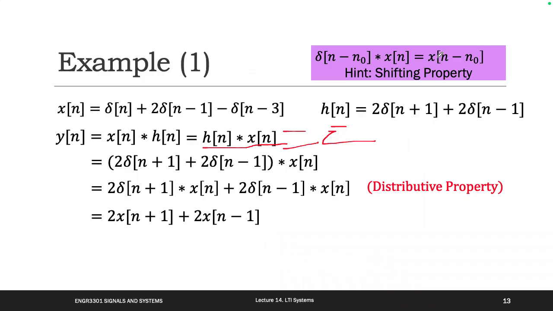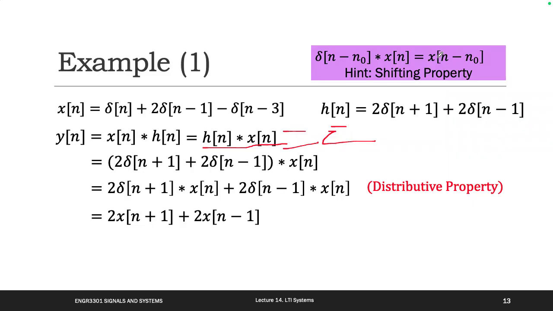So putting negative one for n0, you get x[n+1]. Am I right? And then here n0 equals one, giving x[n-1]. So the coefficient will not affect the result.